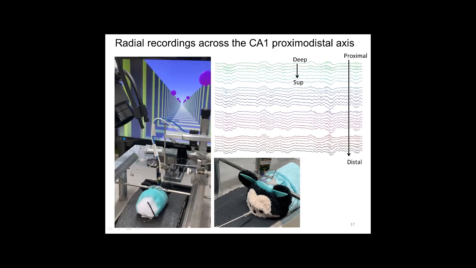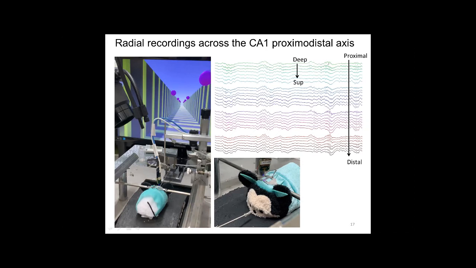And inserting the probe with an appropriate orientation into the brain allows you to obtain radial recordings. Here are recordings in the hippocampus, where each shank of the 4 shanks is penetrating the dorsal CA1 region from the deep to the superficial layers. Remember, in the hippocampus, deep comes first, which is flipped compared to the cortex in the dorsal region.